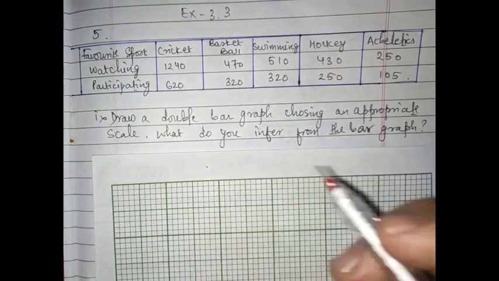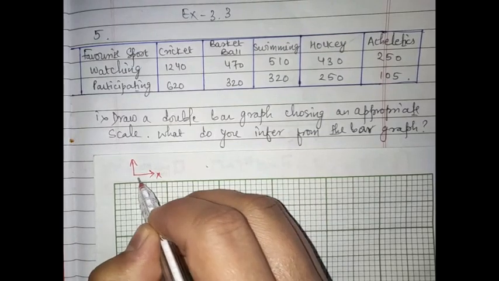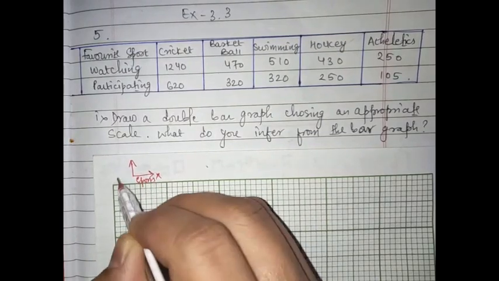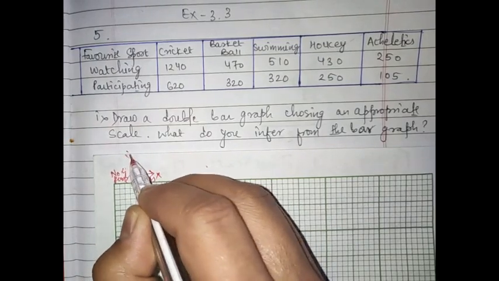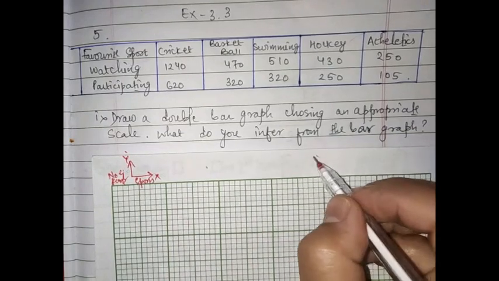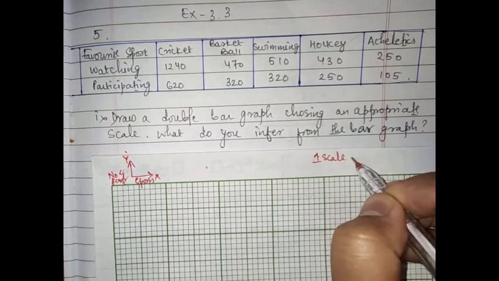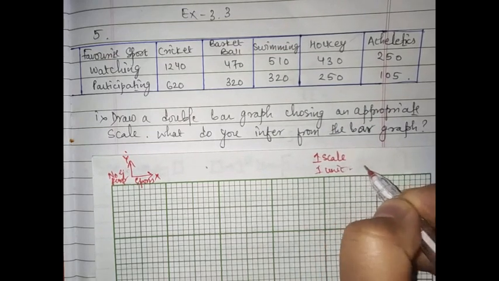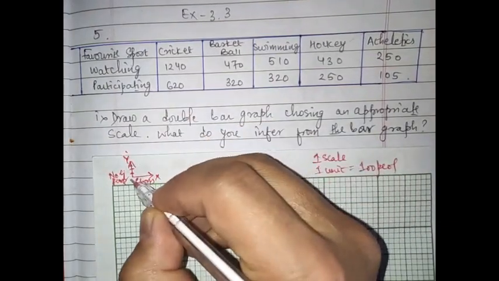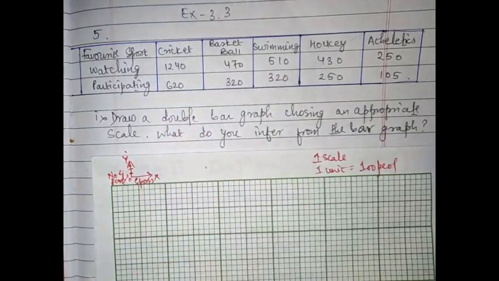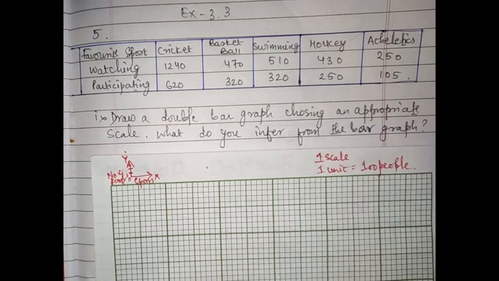Another important thing you have to choose is the scale, that is, 1 unit represents how much. 1 unit is equal to 100 people. So each unit will represent 100 people. Let us start making the double bar graph without any delay.